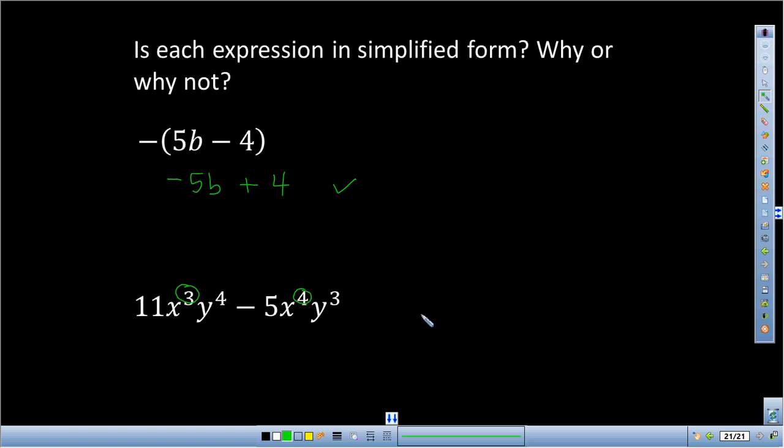So right off the bat, we can see that we do not have the same variable factor. So we can't combine those two terms. They're not like terms. And so our simplified expression is just the original expression: 11x cubed y to the fourth subtract 5x to the fourth y cubed.